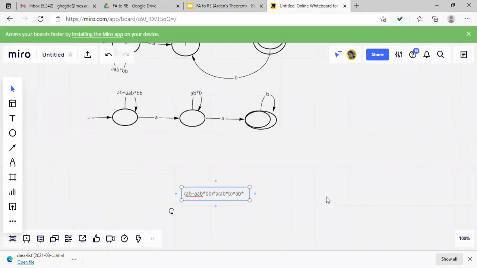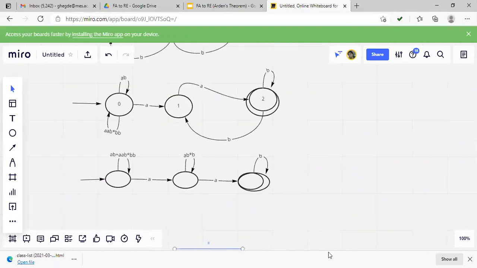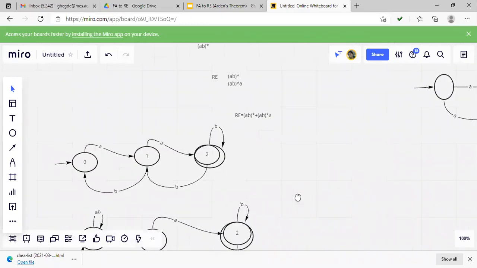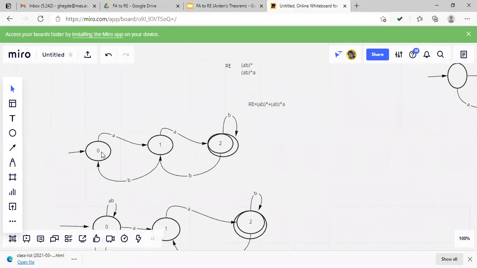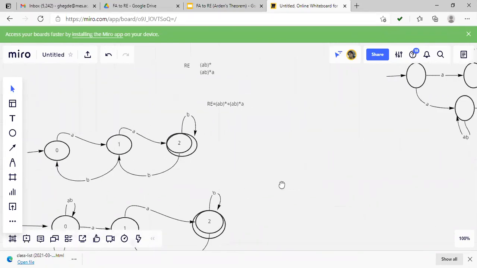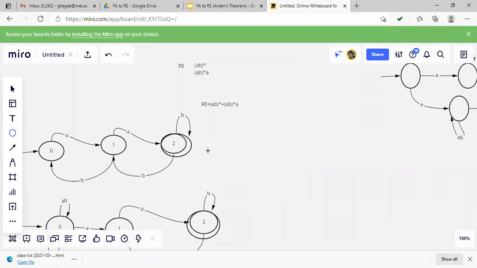Now I'll come to this doubt what you people had. Why should I remove only at 0? I'll remove at 1. I'll not remove at 0. I'll remove the loop at 1. Now I'll start.